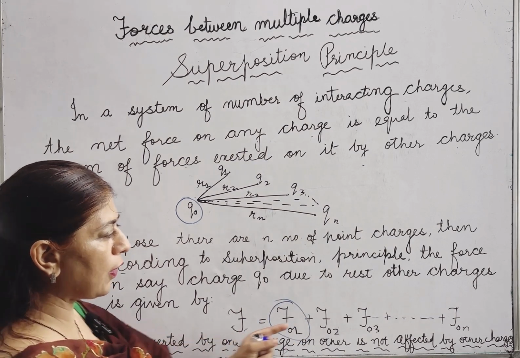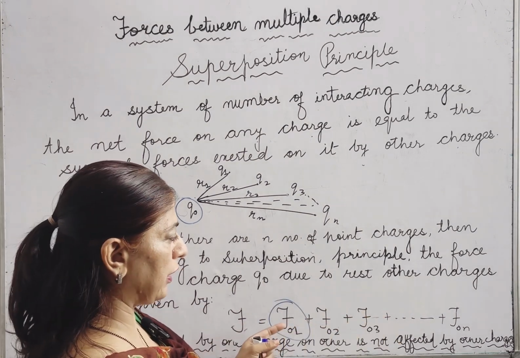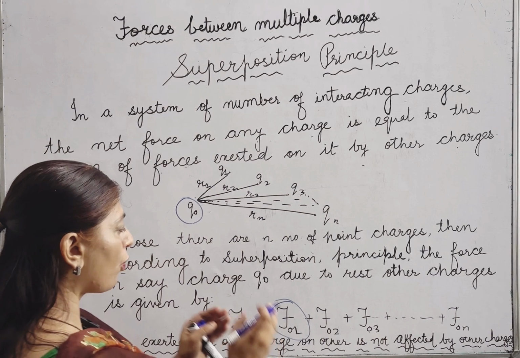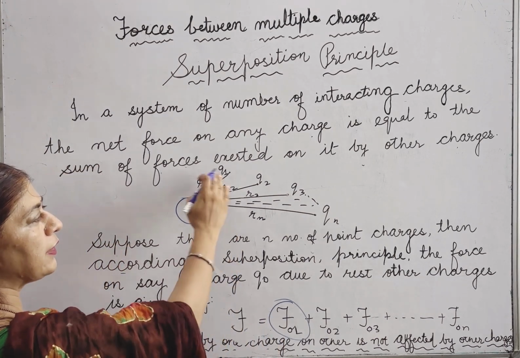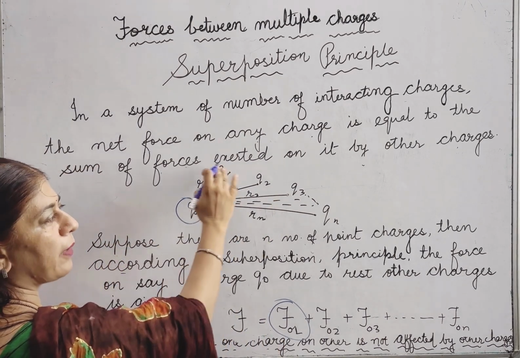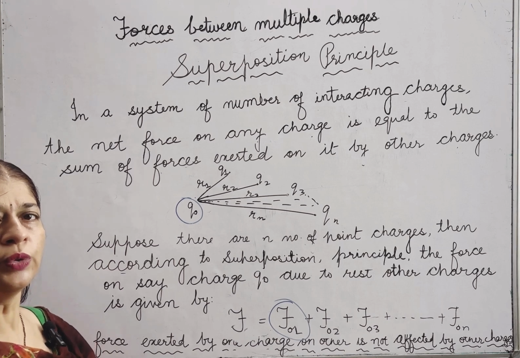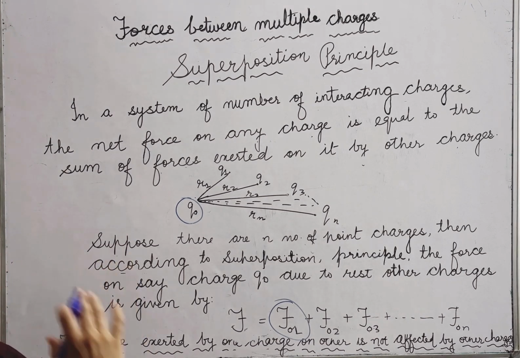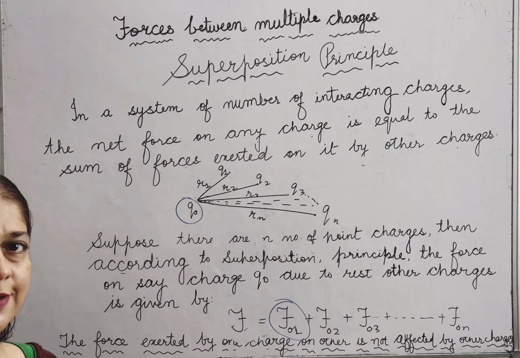So adding all these forces individually, we get the total force exerted on charge Q0 by the charges Q1 to Qn. This is what the superposition principle is.